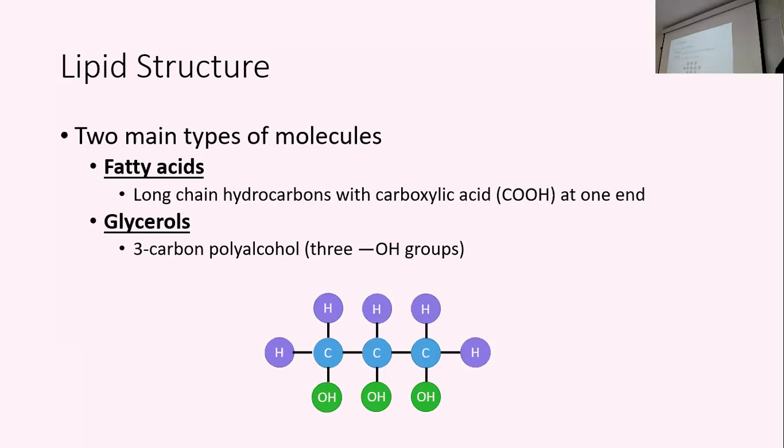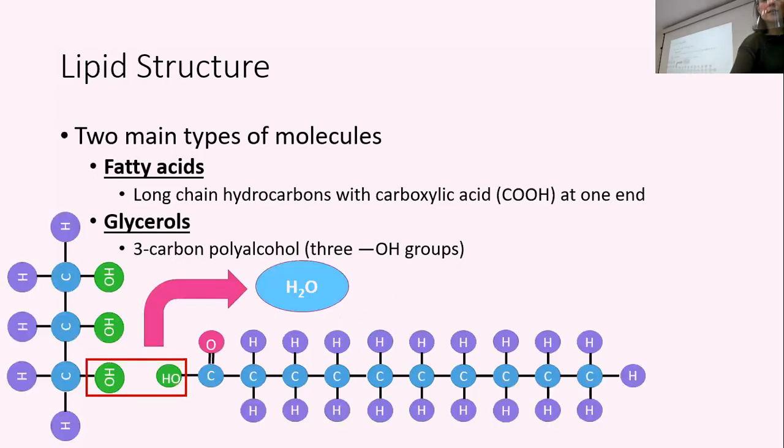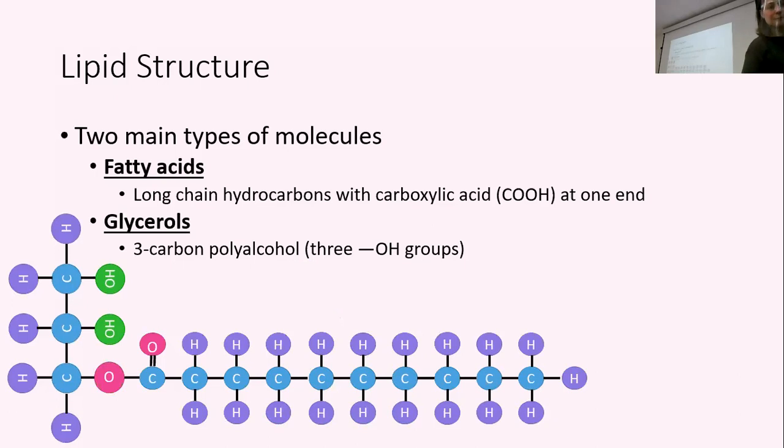We're going to put them together the same way, dehydration reaction or hydrolysis, right? So I'm going to take this fatty acid, we're going to lose water, right? A hydroxyl and a hydrogen. And we're going to attach that fatty acid to one of those carbons, right? So basically just like we've done everything else up to this point.